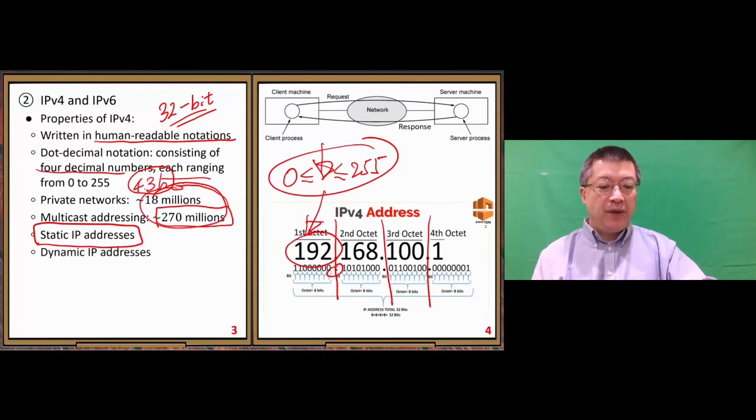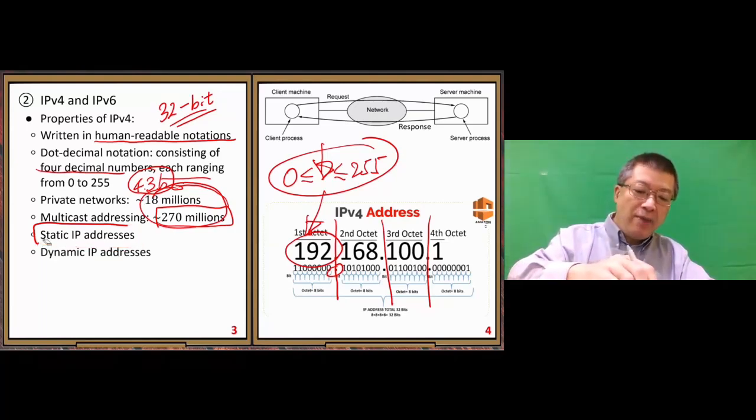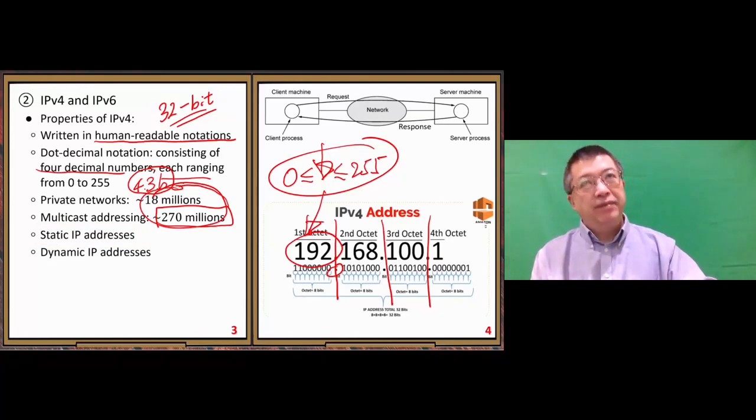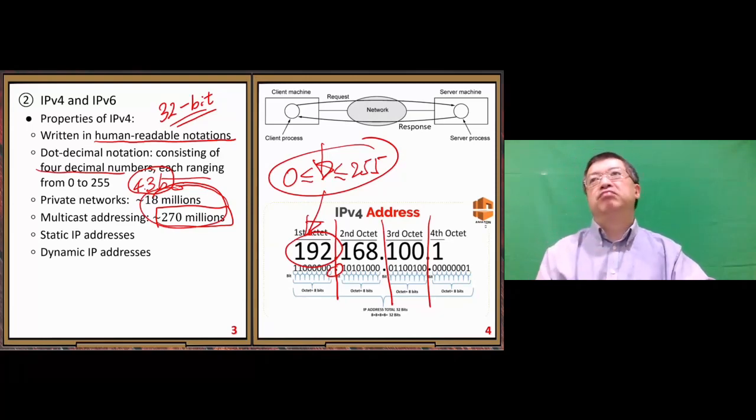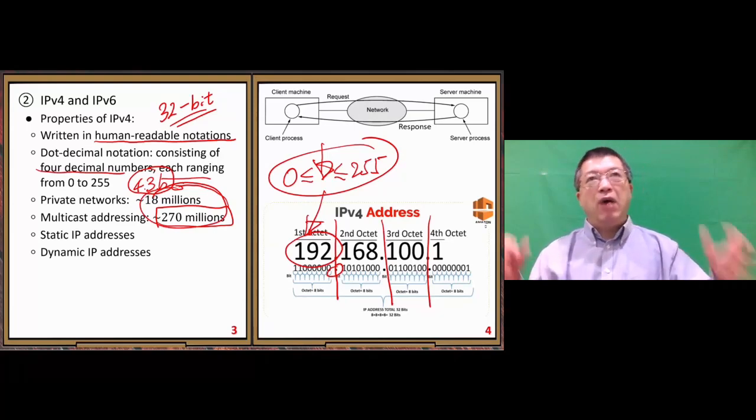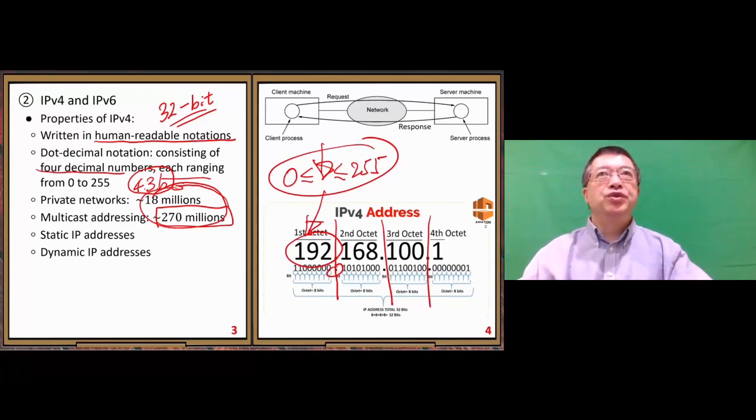So there is another type of IP address called dynamic IP addresses. From the word meaning, they may change frequently. Usually dynamic IP addresses are for individual users.